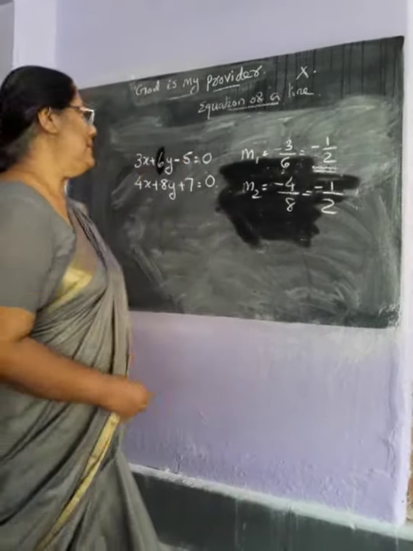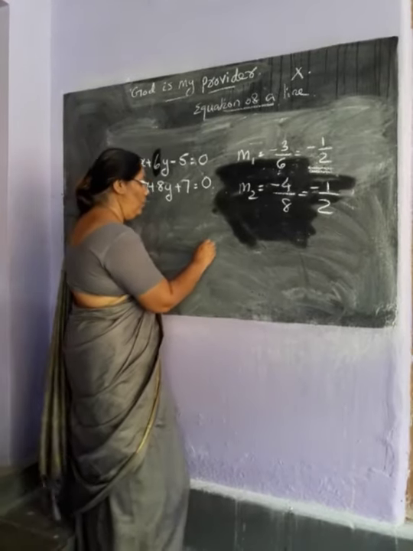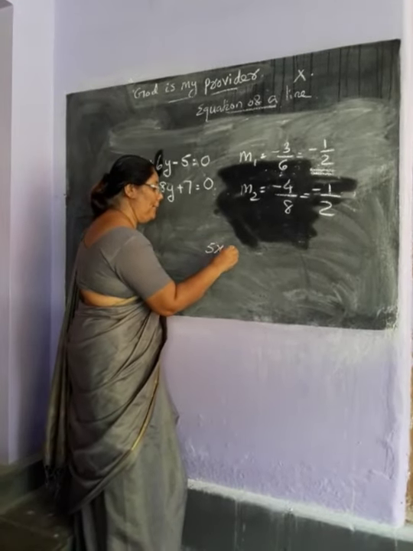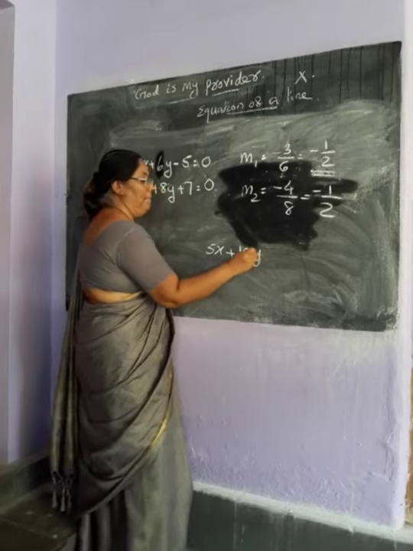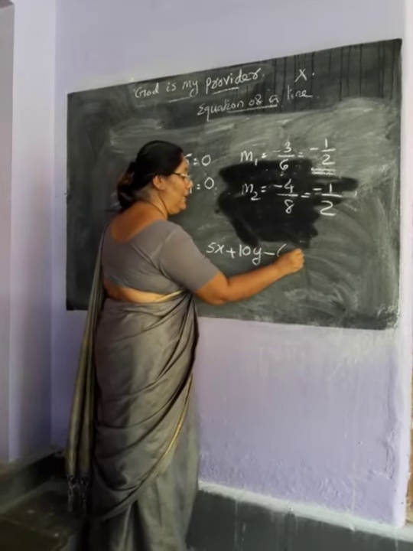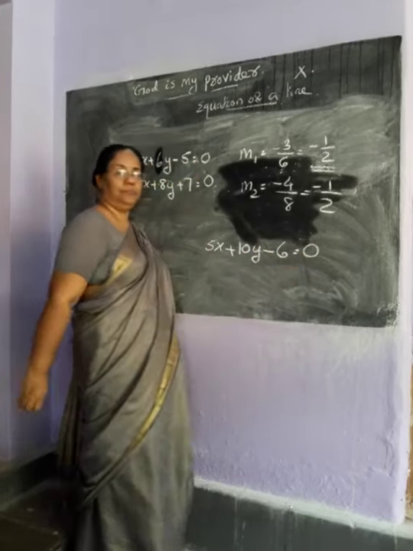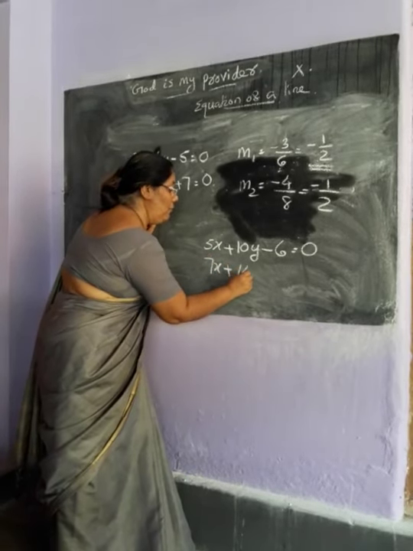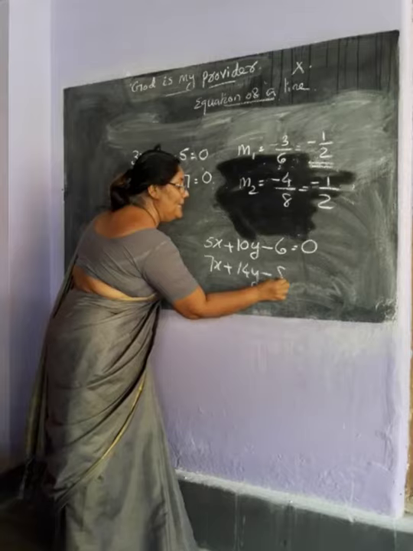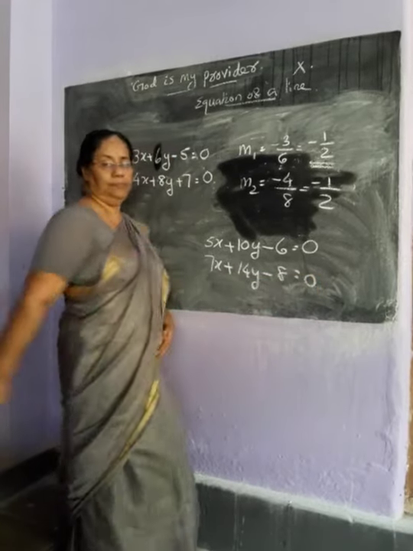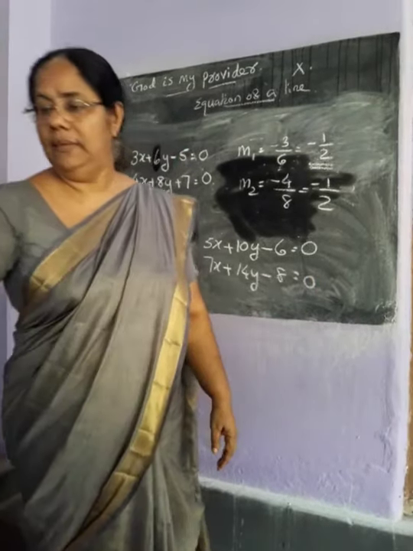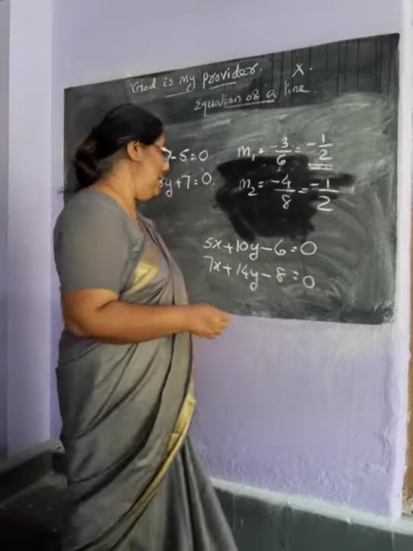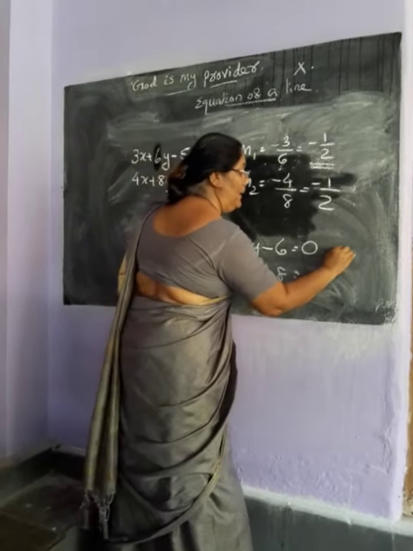Understand? Write another example. 5x plus 10y minus 6 equal to 0, and 7x plus 14y minus 8 equal to 0. These are two lines. Then what is m1?